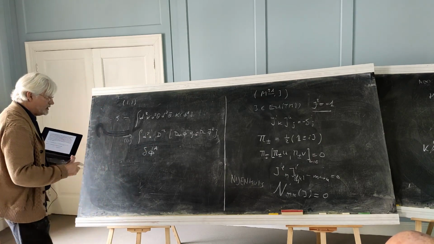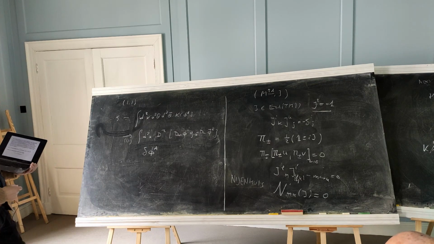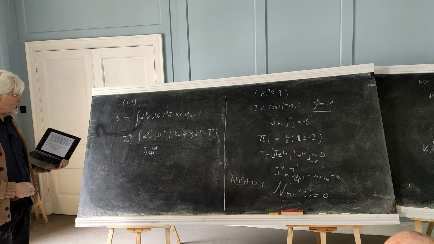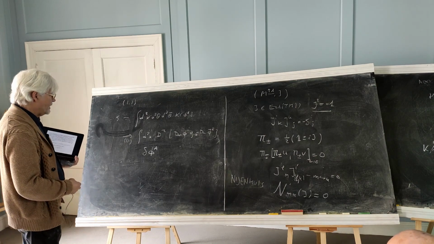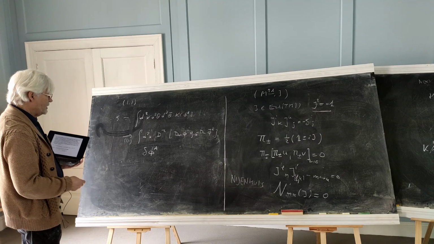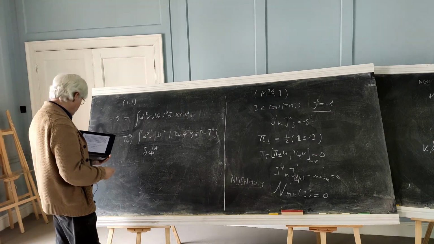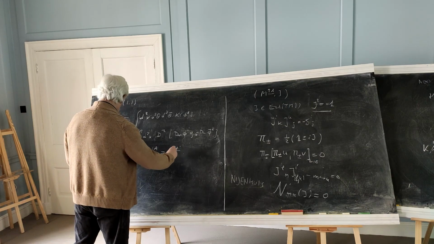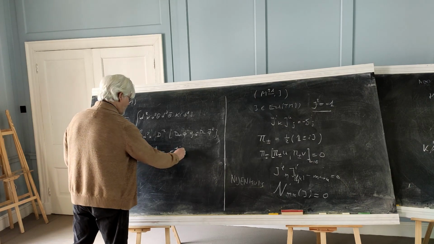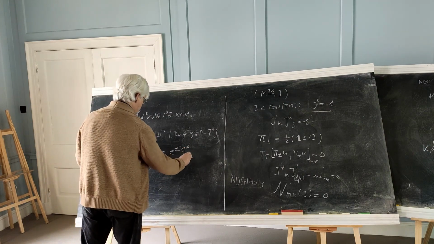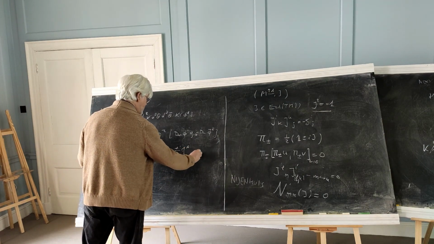The reason I'm explaining it this way is that that's the avenue that works for the Hyperkähler one. So this will be generalized to the Hyperkähler. So this is epsilon plus minus, and you make an ansatz where this is some function.